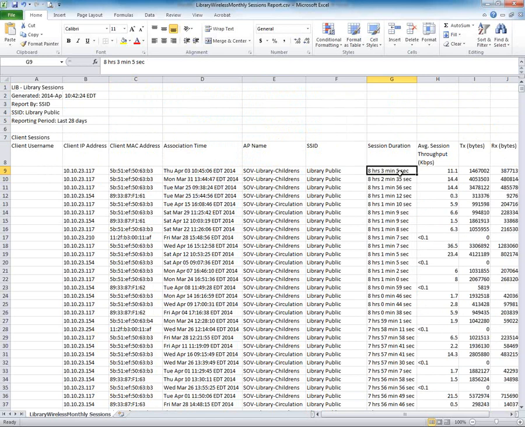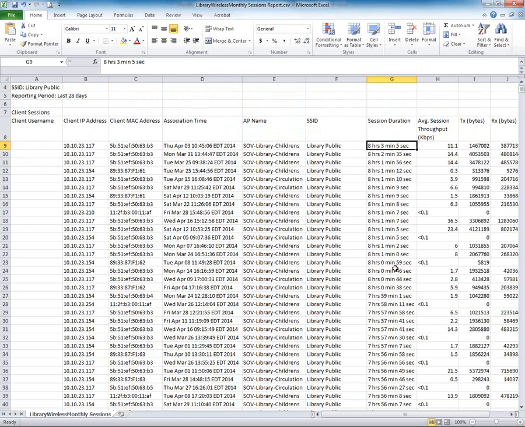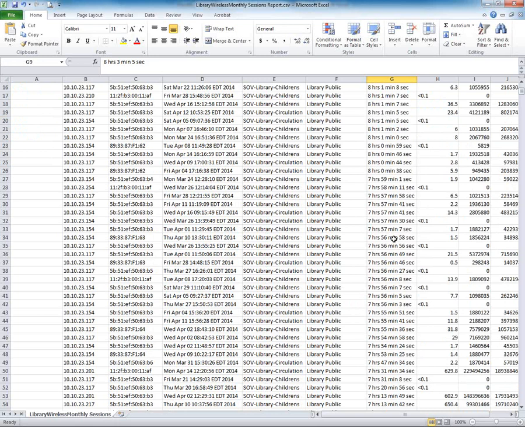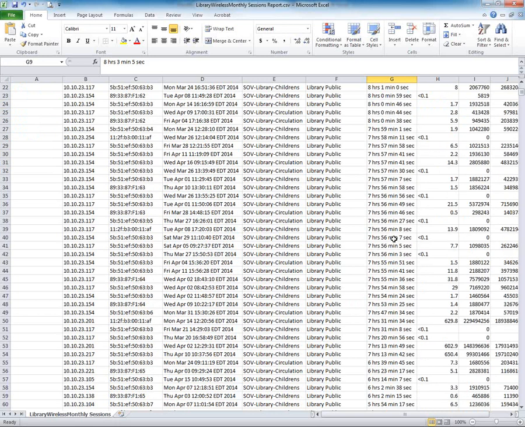And from what I can tell, the Department of Libraries has a lot of smartphones in the building that are connecting to the network, because we do not have people sitting in the children's room or in the circulation area for upwards of 7 and 8 hours a day.